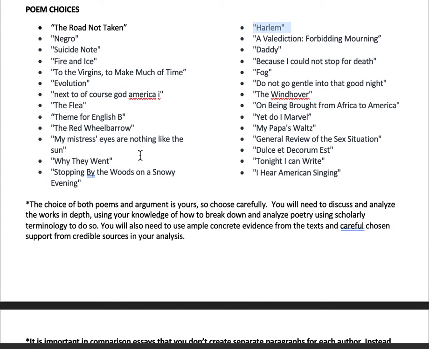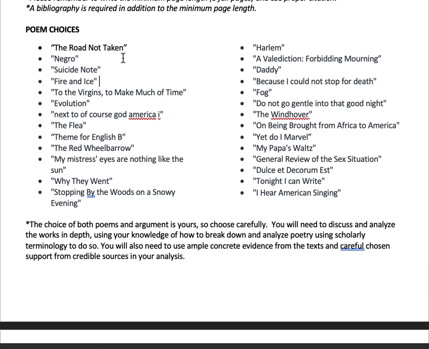So for example, say I was going to do To the Virgins to Make Much of Time and The Road Not Taken. I might say, my first main idea might be that both poems use an end rhyming structure, which helps create a certain rhythm for the audience.